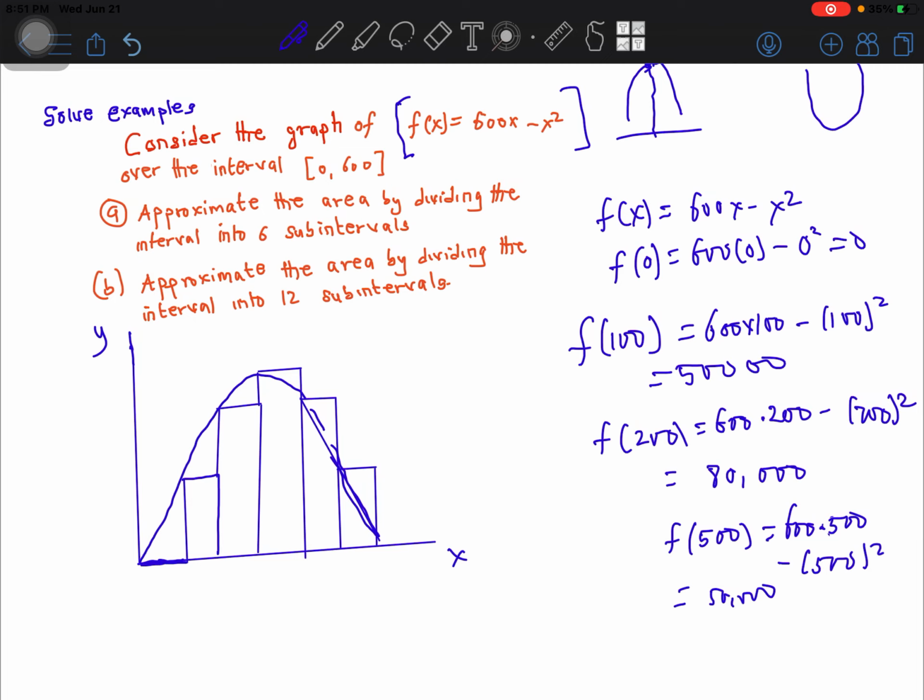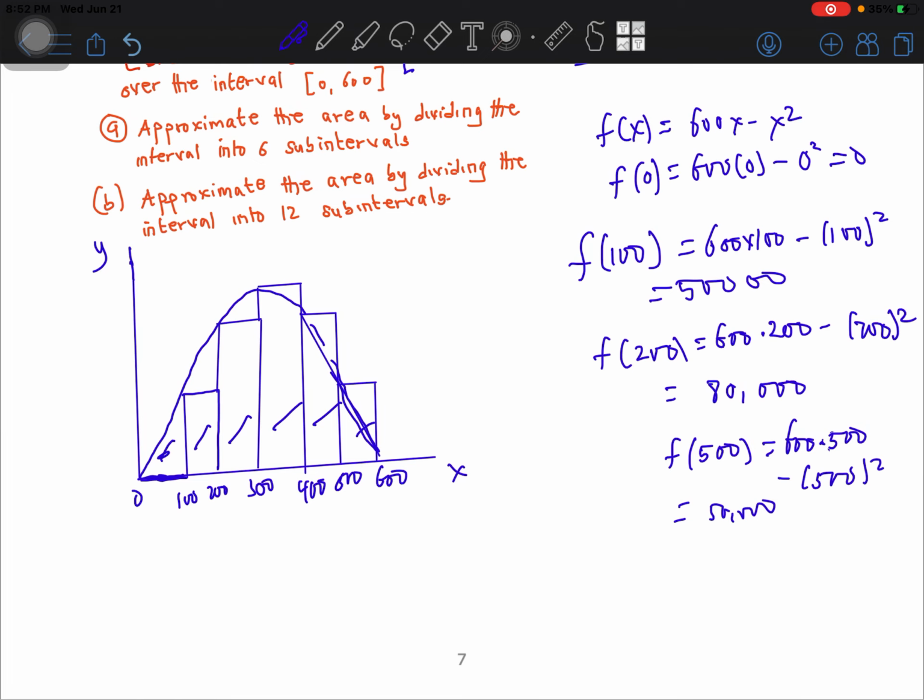This is our final graph, and it will have 6 rectangles. So 1, 2, 3, 4, 5, 6. Here is 0, 100, 200, 300, 400, 500, and 600. So from 6 intervals, we know that here is our rectangle, rectangle, rectangle, rectangle, rectangle, and then rectangle.